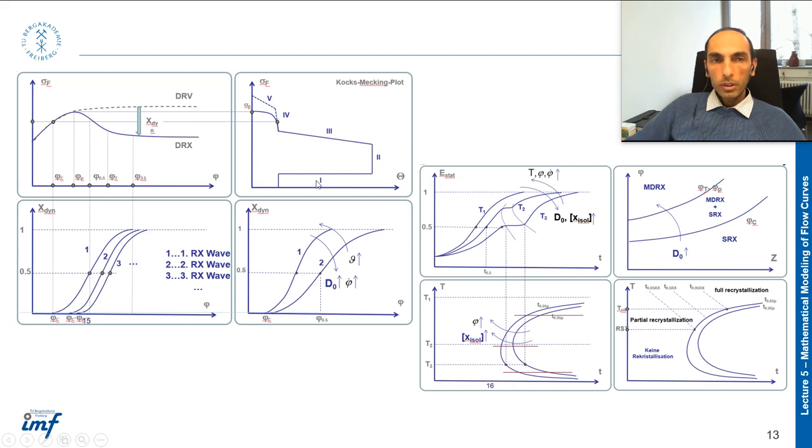So at the beginning you have hardening and then you have softening. This is the hardening and softening rate, which is reflected for each range, and you can see how the rate of hardening and softening changes in each stage.